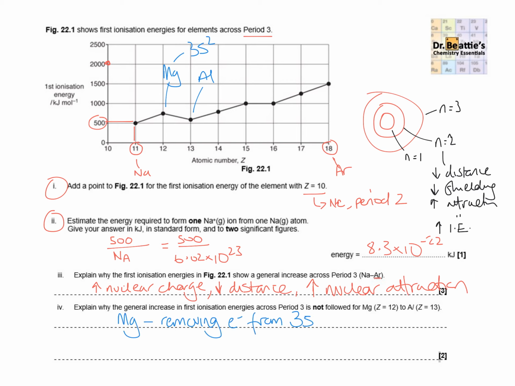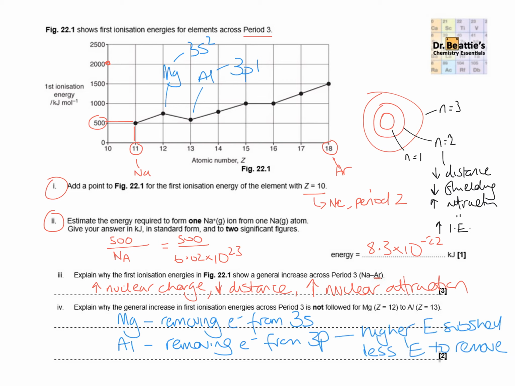And so we're removing an electron from the 3s subshell. Whereas in aluminium, our outermost electron is in the 3p1. And all that we need to then comment on is the fact that the 3p subshell is higher energy than the 3s subshell, and therefore that electron being in a higher energy environment means it requires less energy than expected to be removed.